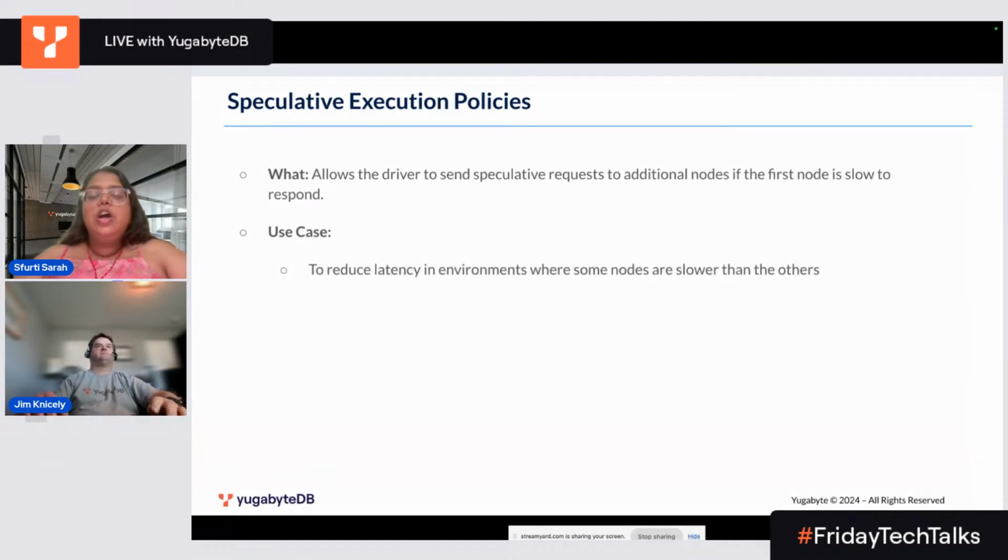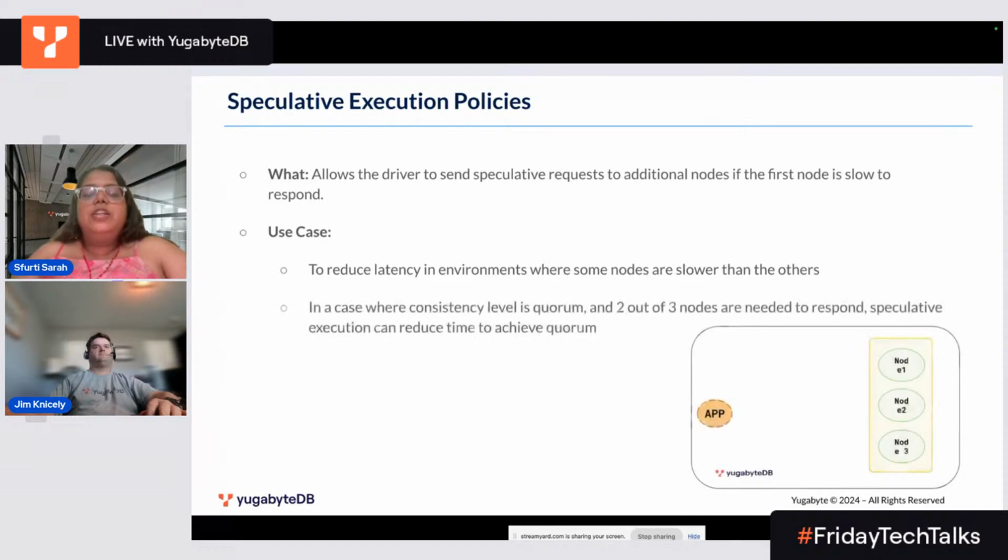The requests on those particular nodes, if they are slower to respond, can be sent speculatively to other nodes that are faster. Similarly, in a case where your consistency level is quorum, and for your read or write operation to be successful, you want two of the three nodes to respond.